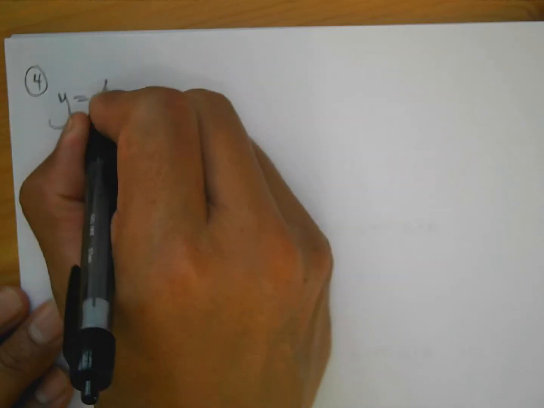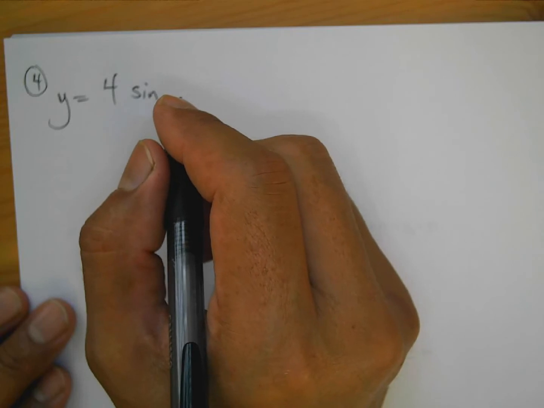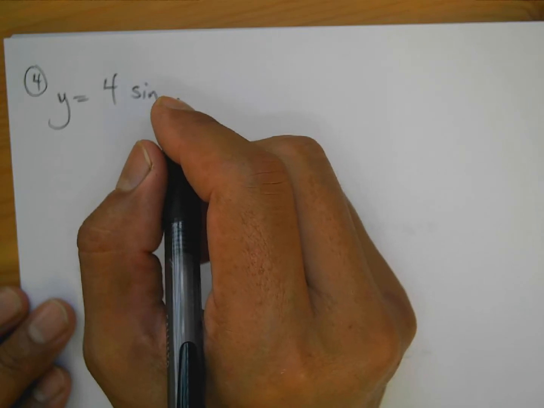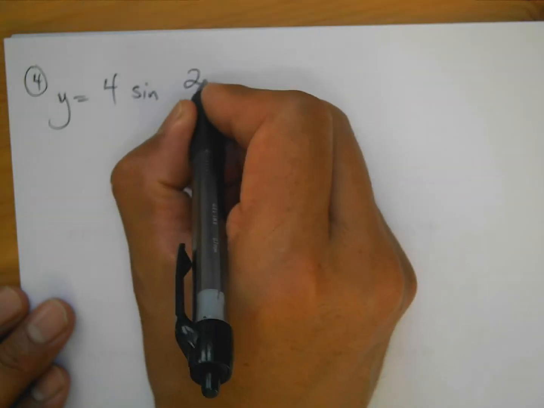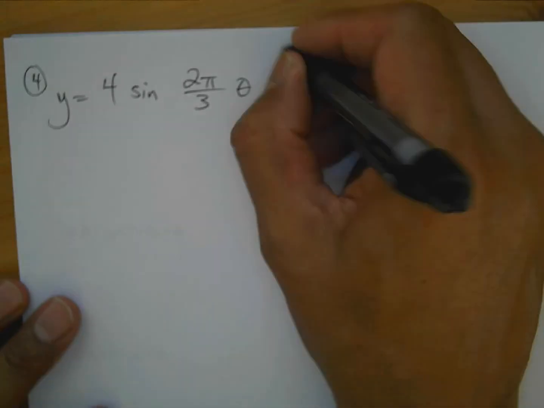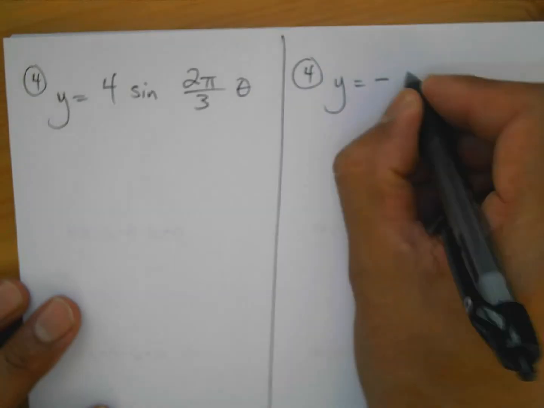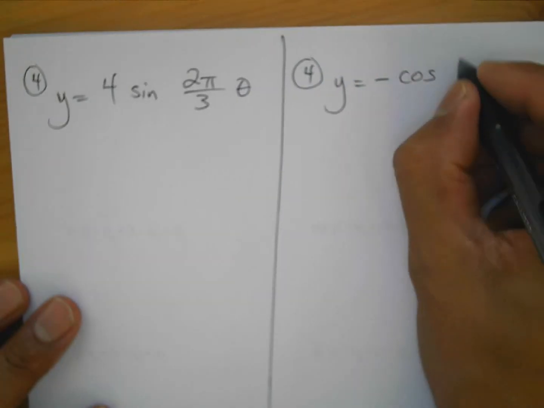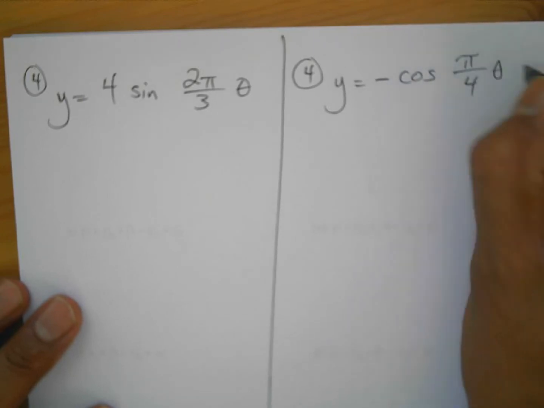Y is equal to 4 sine 2 pi over 3 theta. Number 4 for cosine is going to be y is equal to negative cosine pi over 4 theta.